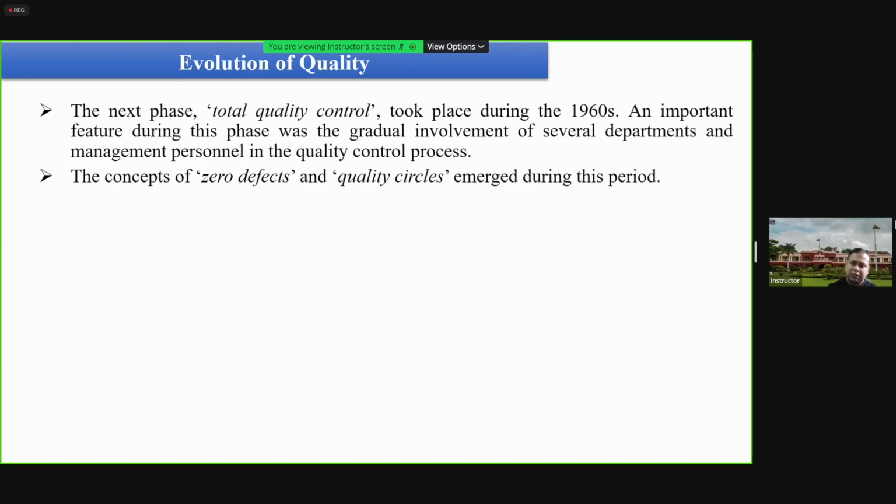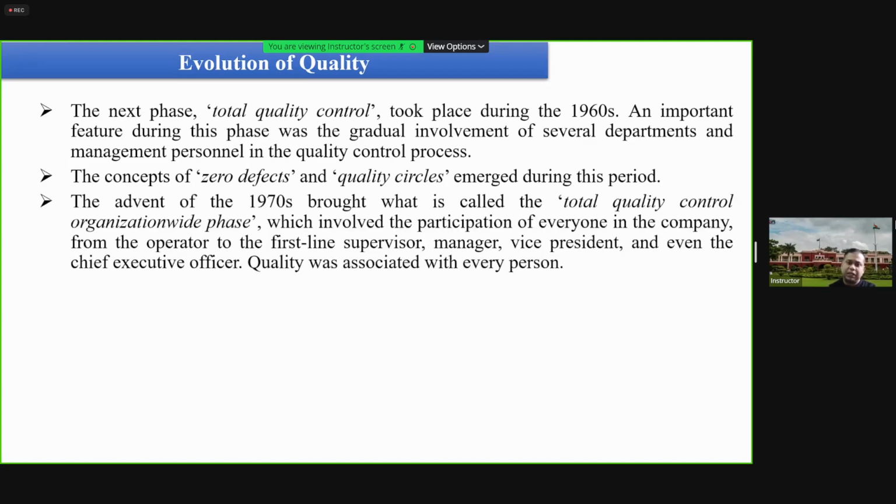And now after the total quality control phase, where the involvement of several departments was desired, another term originated, that is the total quality control organization-wise phase, or total quality system, or total quality management system, where they say that not only the various departments are responsible, but each and every person from the worker to the CEO of the organization is responsible for the quality of the product that we are producing.